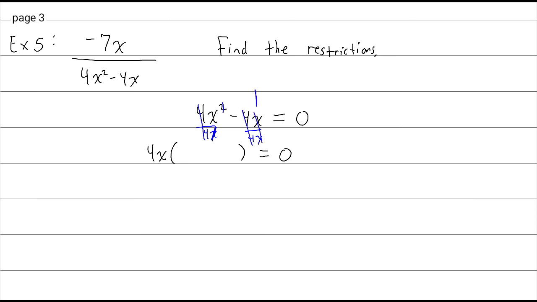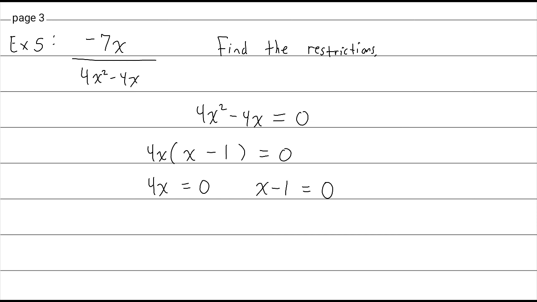Okay, and so we're left with x minus 1. And then the zero product property will apply here. Something times something is equal to 0. So I know that I can set the individual factors equal to 0 and solve these.